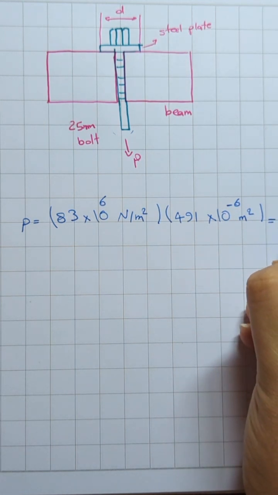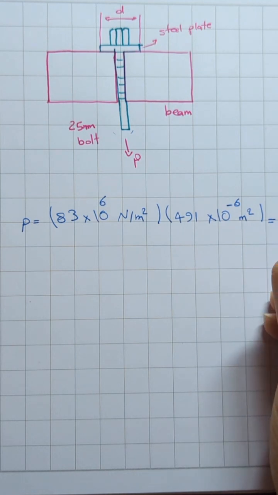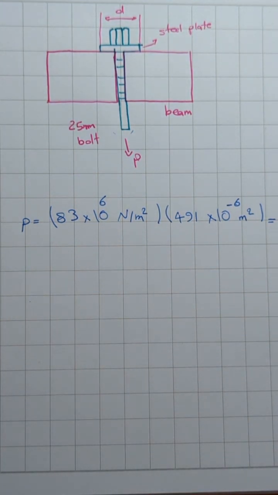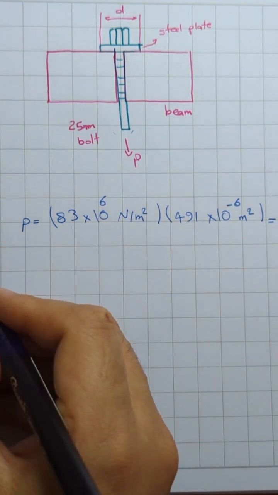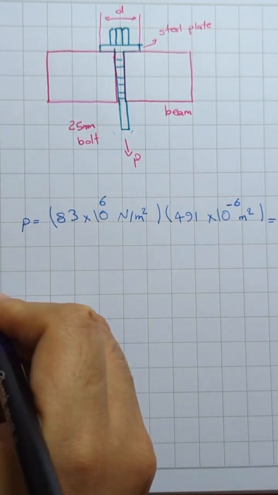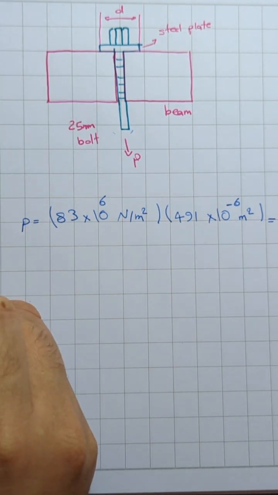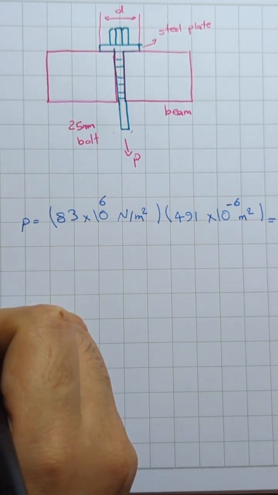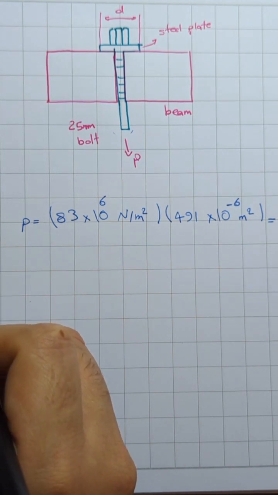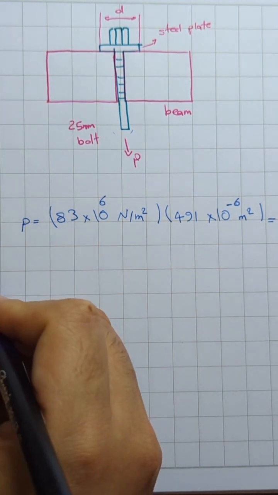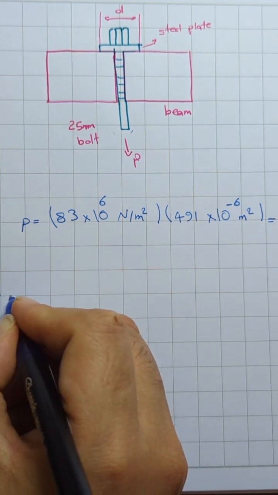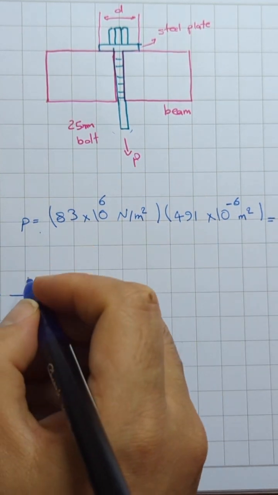The answer is 40,753 Newton. All right, now we have all the answers, so we have to know how much is the area. Area equals P over the maximum sigma. So how much is our P?